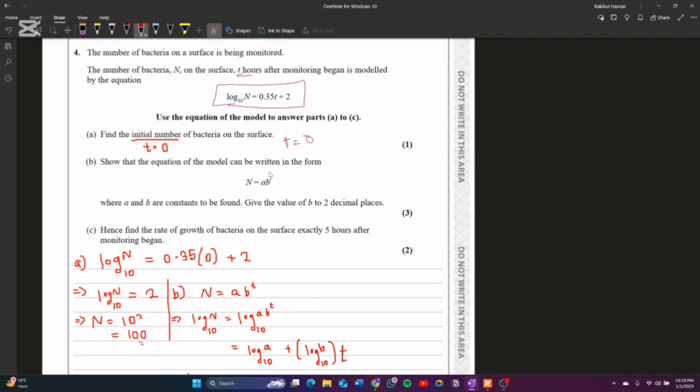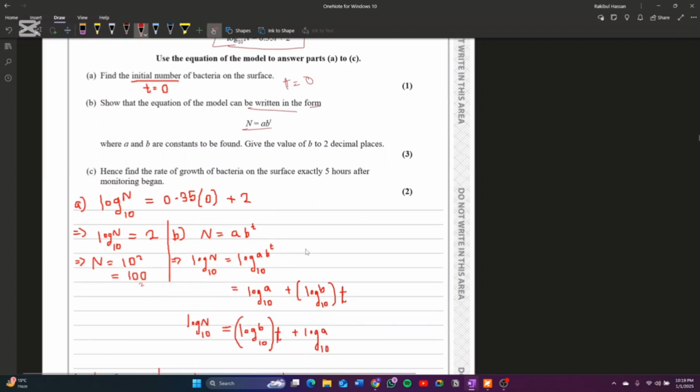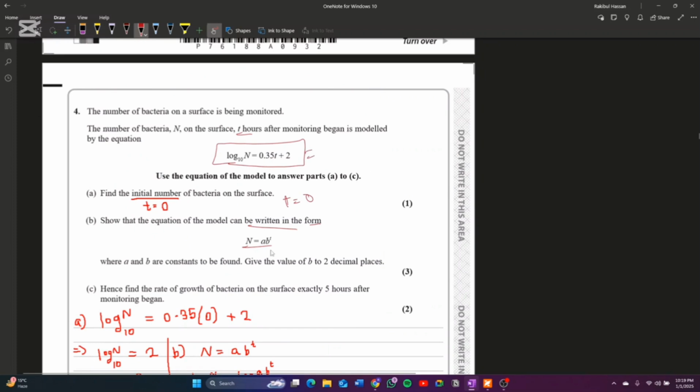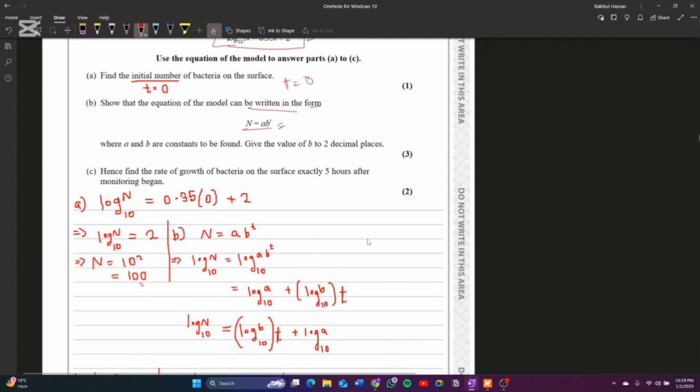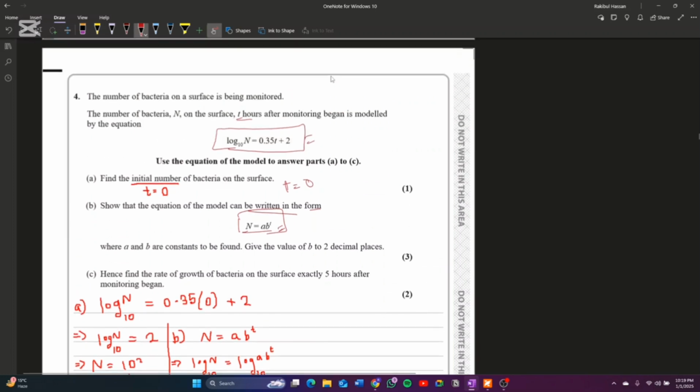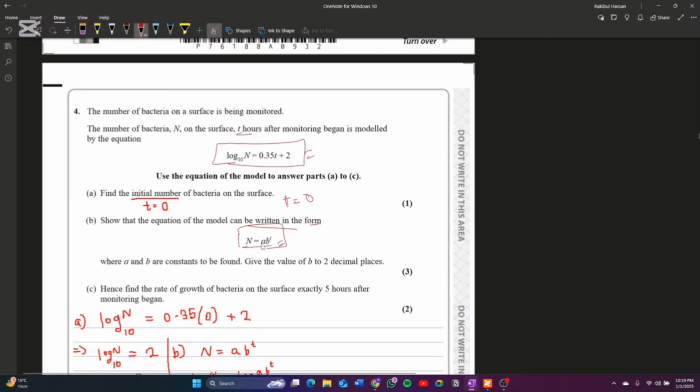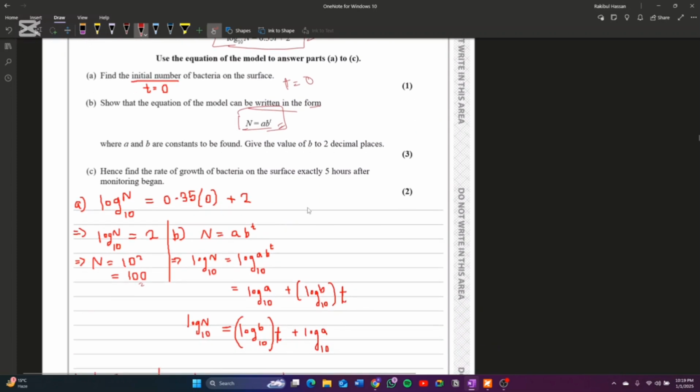B: Show that the equation of the model can be written in the form n equals a b to the power t. To solve this, we can just reverse engineer it. We can start from this equation, since it's easier to convert this equation to the logarithm form rather than converting this into this. So n equals a b to the power t.